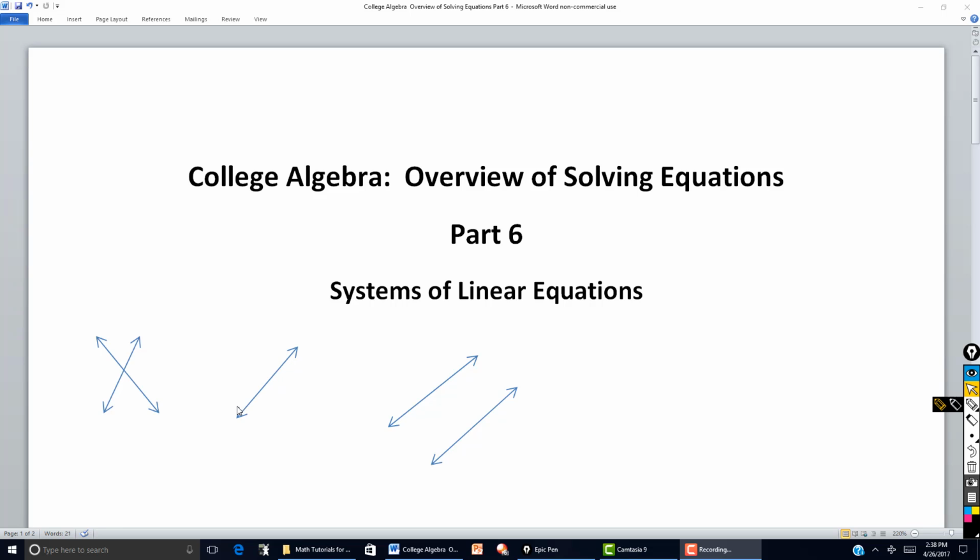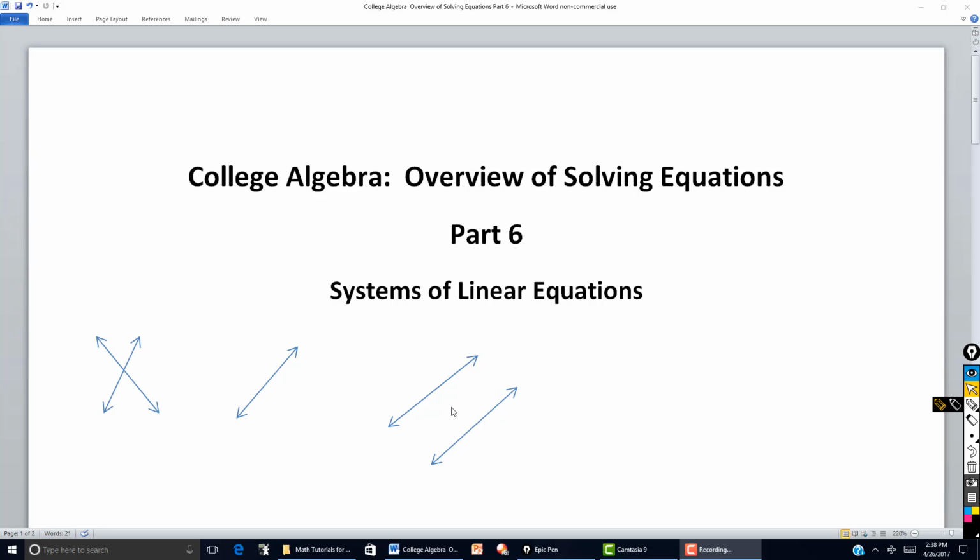Now, if the lines coincide, in other words, the two equations represent the same line, you'll have the second diagram here, where you see just one line, so you have an infinite number of solutions. Now, if it turns out that the lines are parallel, you have the third diagram where the lines don't intersect, so in that case you have no solution.